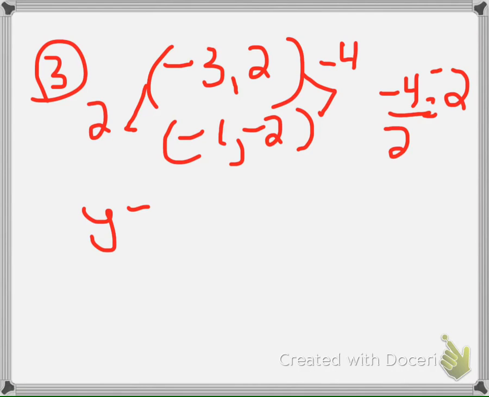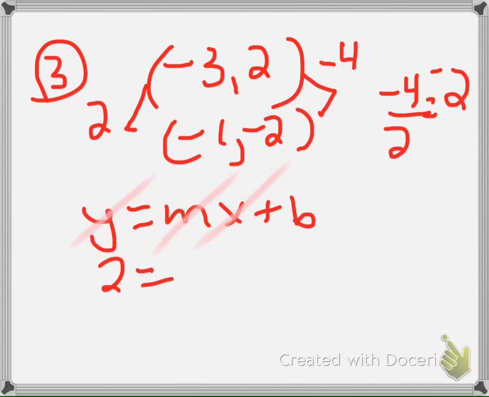We substitute in 3 things because they didn't give us the y-intercept this time, doggone it. So I'll take this y, and I'll take my slope, and I'll take my x plus b. Hopefully you remember this means to multiply.